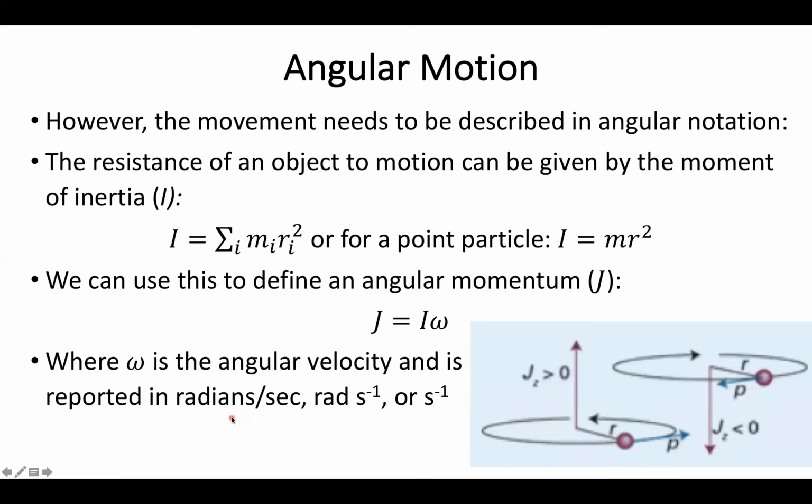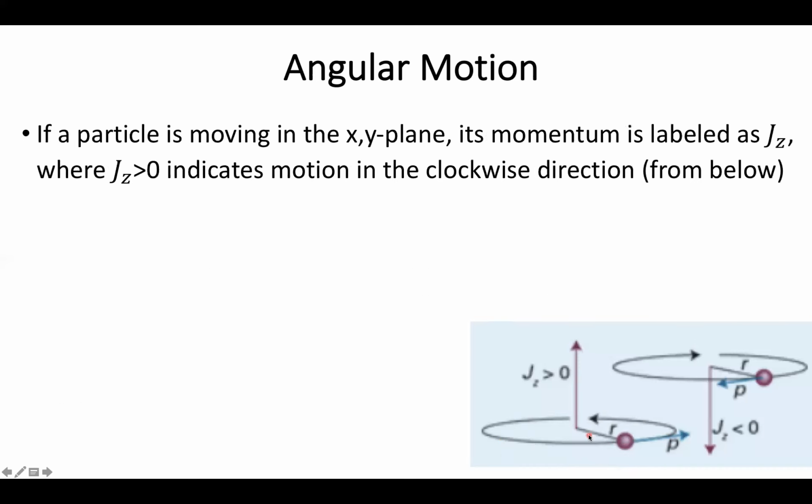However, one of the other things we have to deal with is that it turns out that like momentum, angular momentum does have a directional component. So I've got my particle moving in the y plane, but it turns out I'm going to have a different angular momentum if it's rotating clockwise versus counterclockwise. And so for this, we'd more or less just need a common convention.